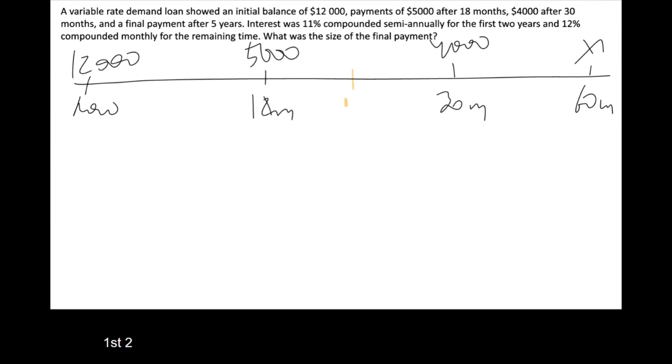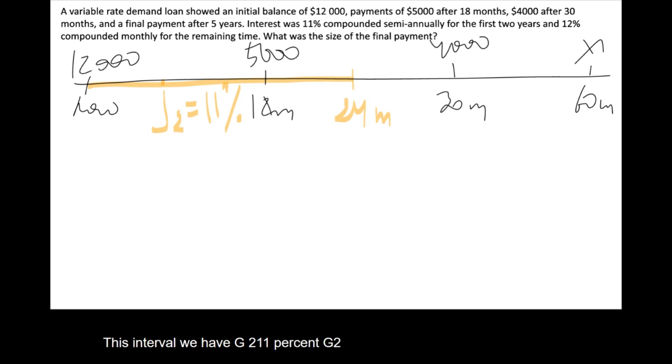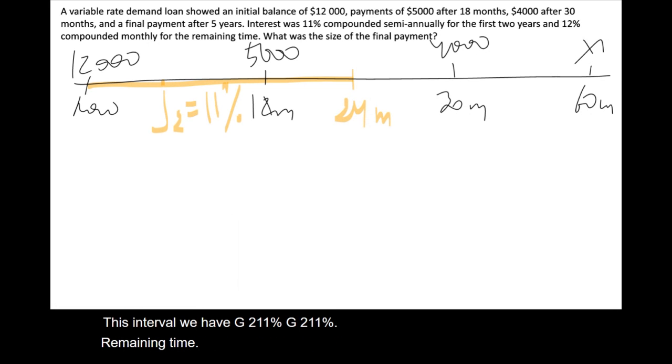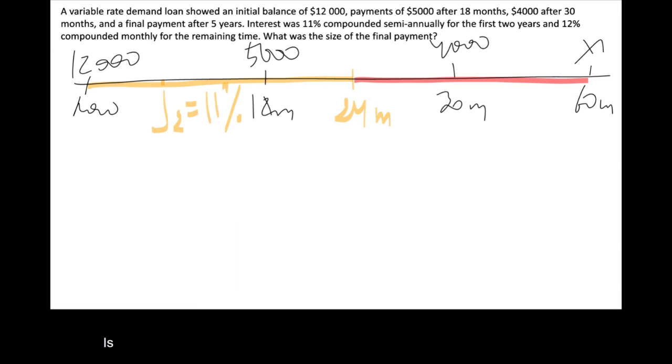First 2 years, so 24 months. In this interval we have J2 11%. The remaining time we have J12 12%. So any questions, guys?